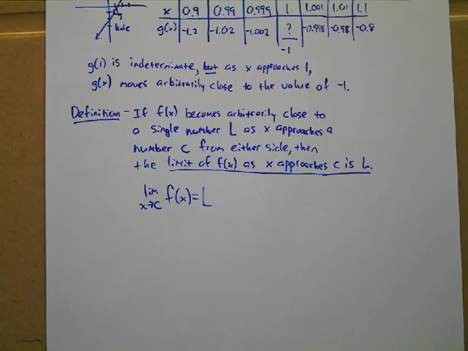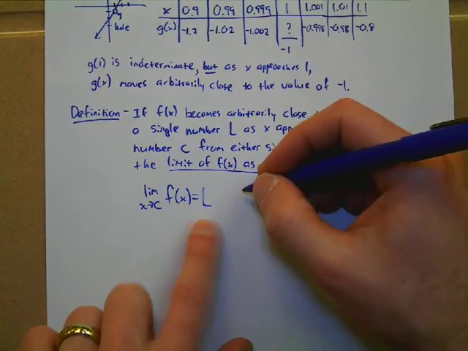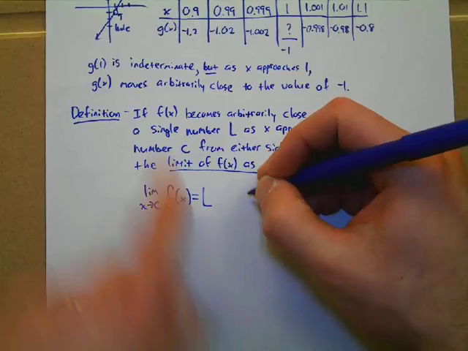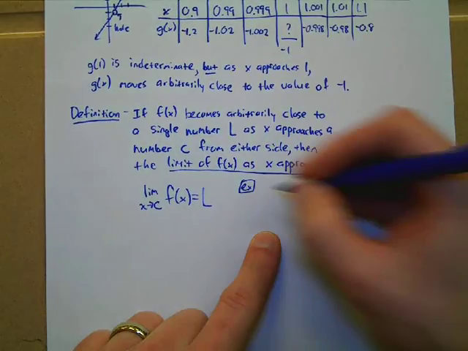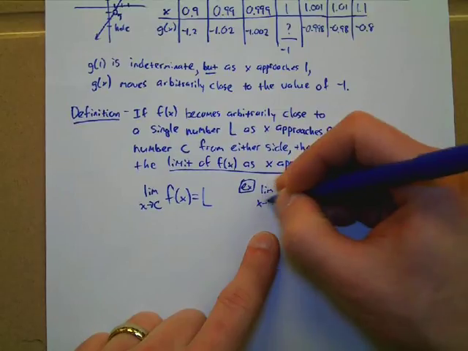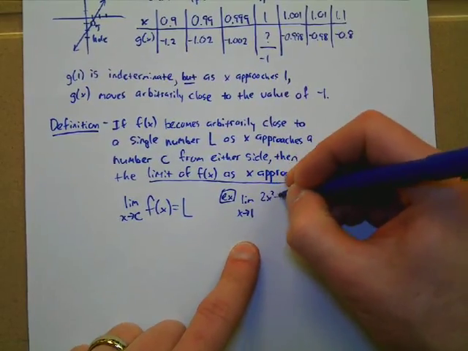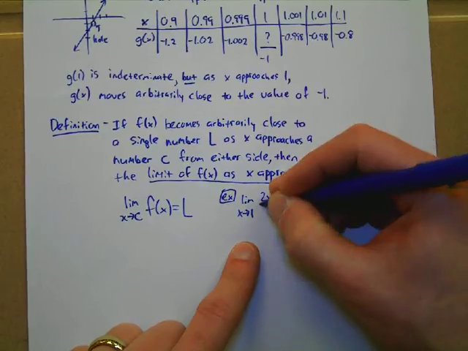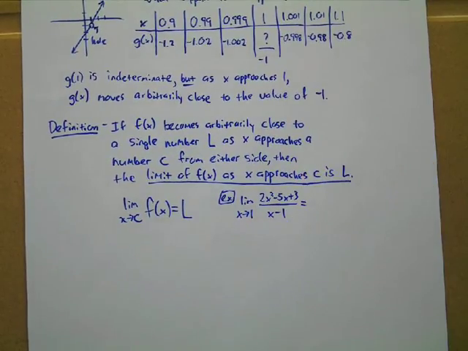So in this case, if we apply all the stuff from our example here, we can say that the limit as x approaches 1 of 2x squared minus 5x plus 3 over x minus 1 is, well, -1, right? We analyzed that from our graphing calculators. The y value that this function approaches as x approaches 1 is -1.